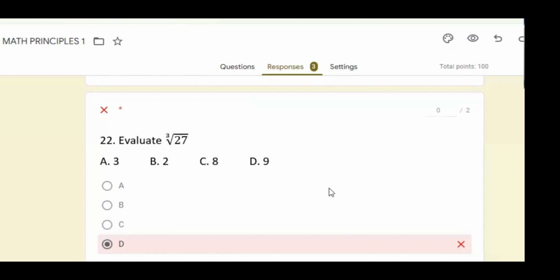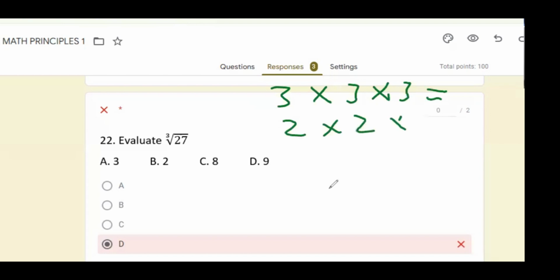You can check A. You can say 3 times 3 times 3 and check what it will be. Check B, 2 times 2 times 2. C, 8 times 8 times 8. So if you say 3 times 3, 9. 9 times 3, 27. So it is this 3 that will satisfy that condition.